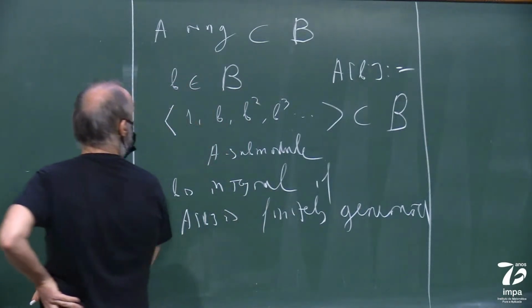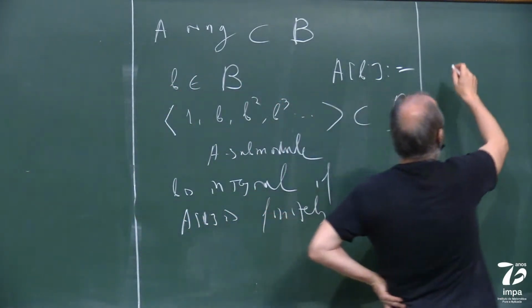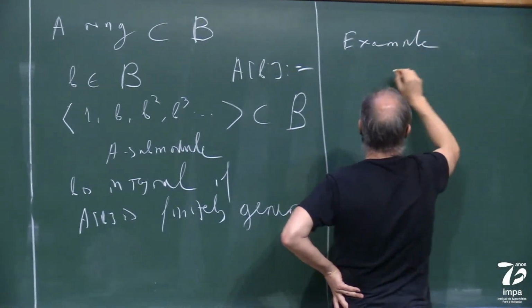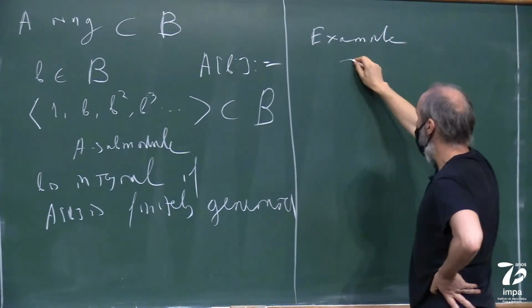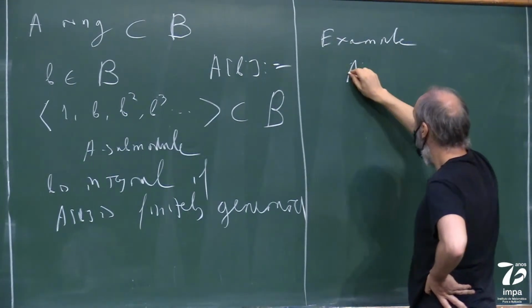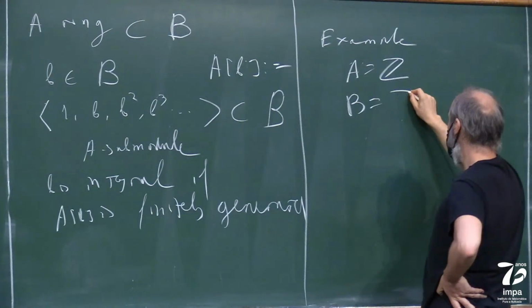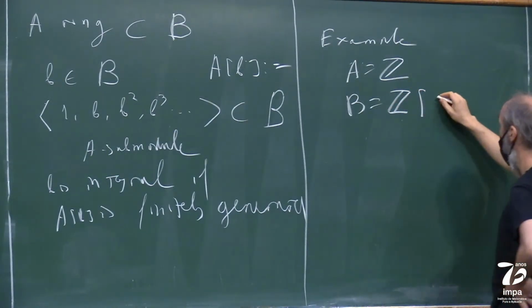So, for example, you can consider A is Z, and B is Z of Gauss numbers, Gauss integer numbers.